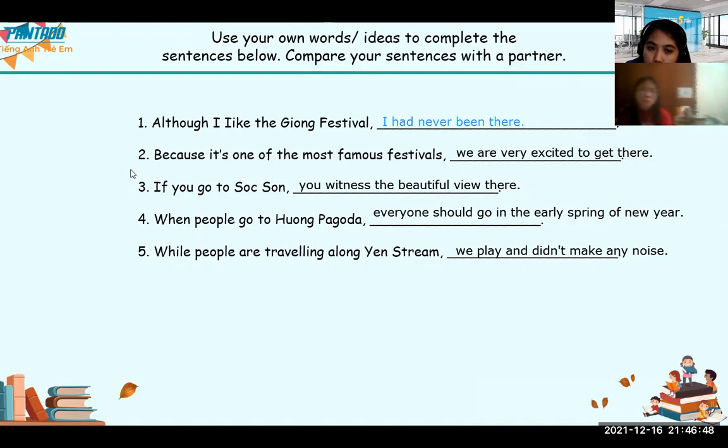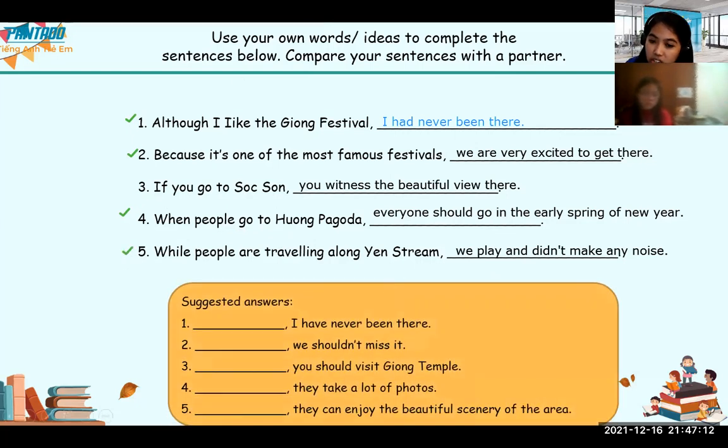Very good. This is correct. Okay. If you go to Sokson, you witness the beautiful view there. Okay, for number four, when people go to Hong Pagoda, everyone should go in the early spring of the new year. Very good, Ngok. For number five, while people are traveling along Yen Stream, we play It Didn't Make Any Noise. Okay, so here are the suggested answers.